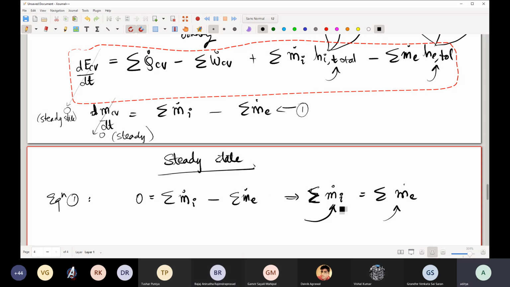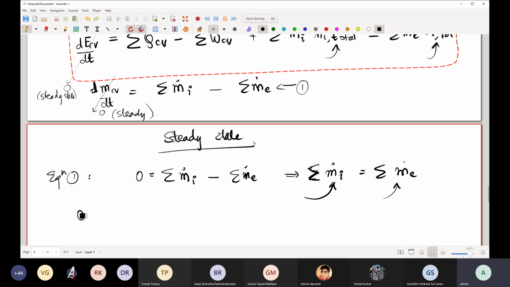Now let us look at the first law. What happens for the first law? 0 is equal to summation of all the heat transfers to the system minus summation of all the works done by the system, plus summation of all m dot i h_i total minus summation of all m dot e h_e total.